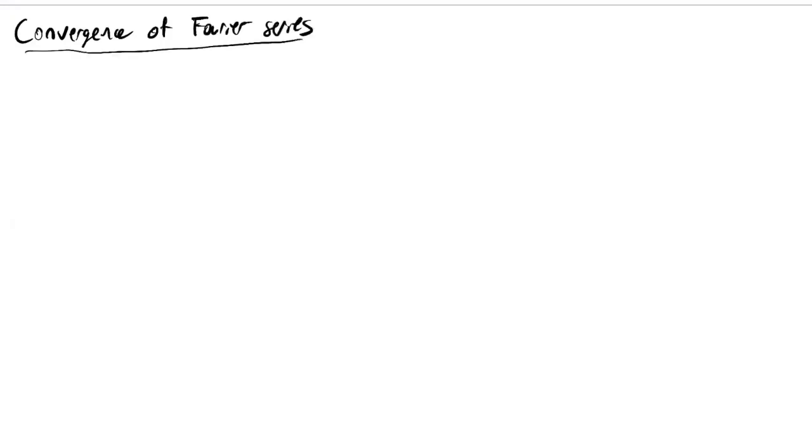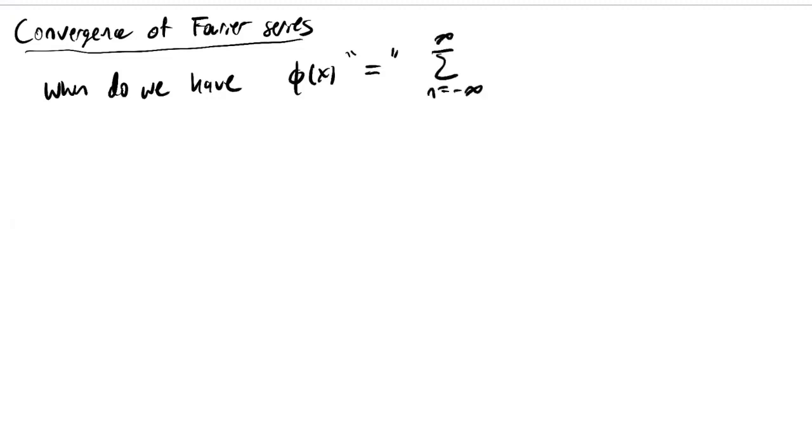And so more precisely, we're going to be looking at the question, when do we have some function phi of x in some sense equal to an infinite sum, say the sum from n equals minus infinity to infinity of Cn e to the minus I n pi x over L. If you think about this question, it turns out that this is a deeper question than may initially appear, depending on how you've thought about convergence problems in math before.